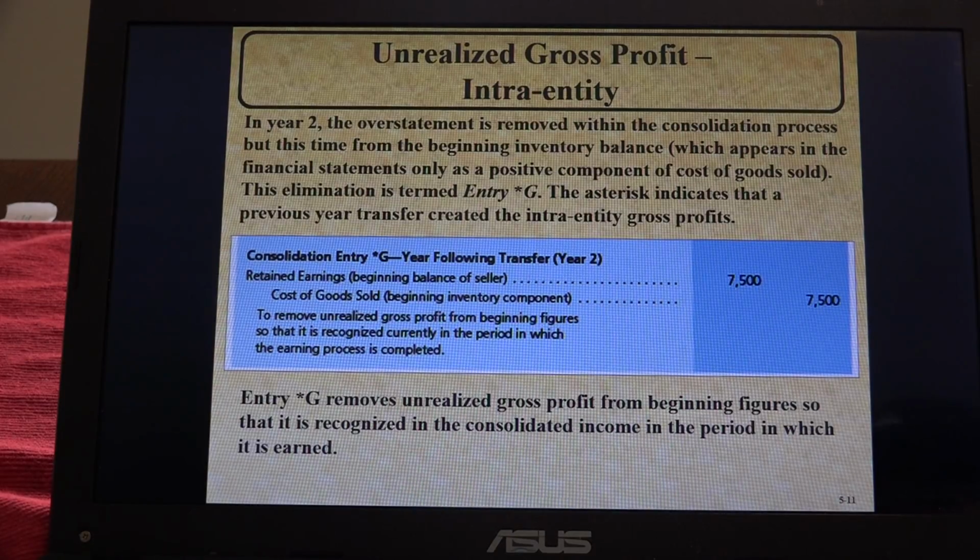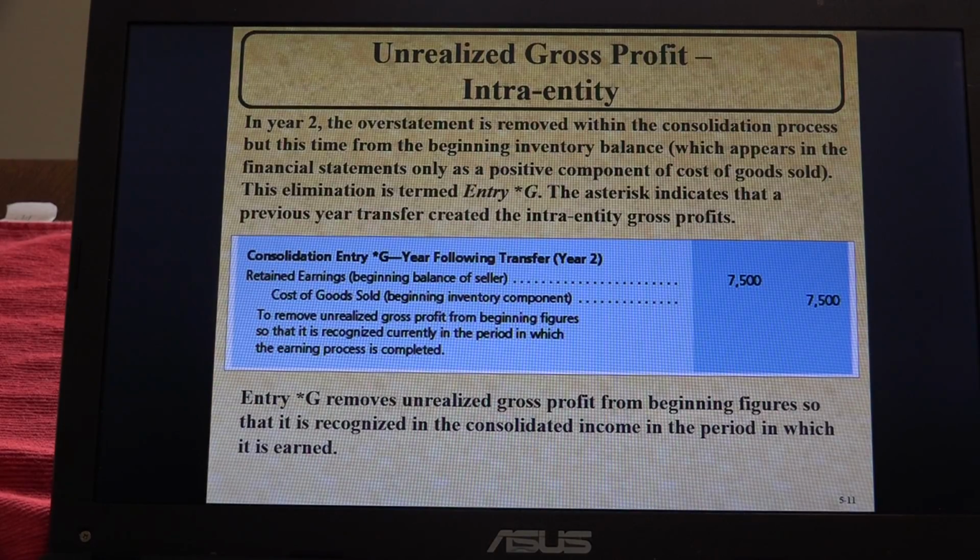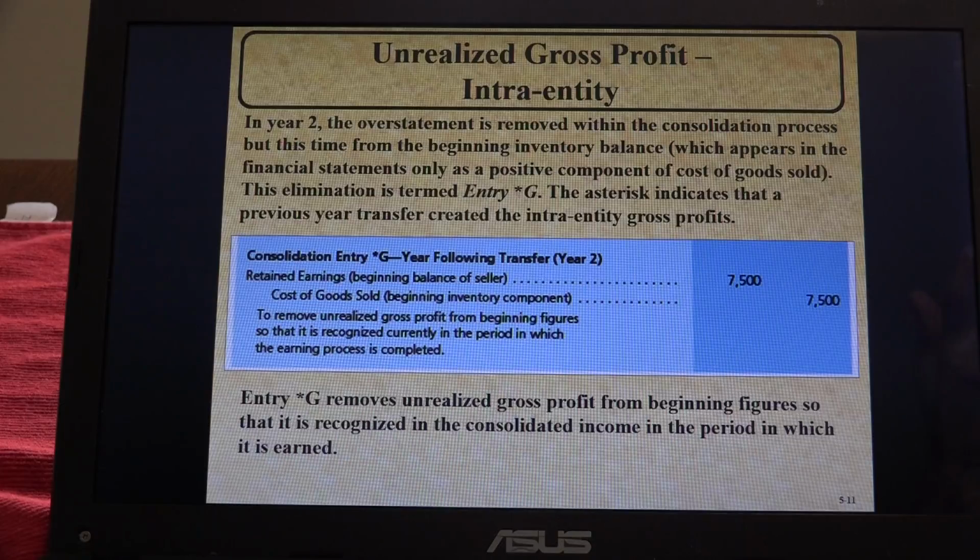And so in year two, the overstatement's removed within the consolidation process, but this time from the beginning inventory balance, which appears in the financial statement only as a positive component of cost of goods sold. Remember that, when you're calculating cost of goods sold, you start with beginning inventory plus purchases, right? Equals cost of goods available for sale less ending inventory equals cost of goods sold.